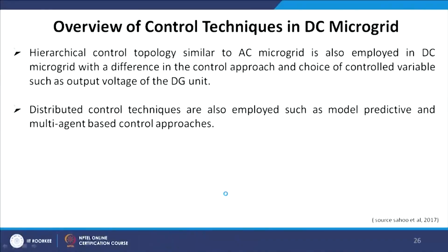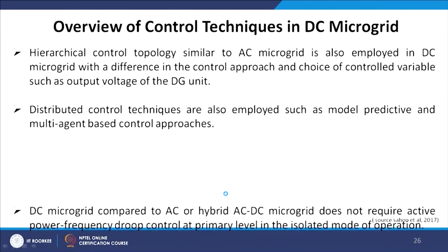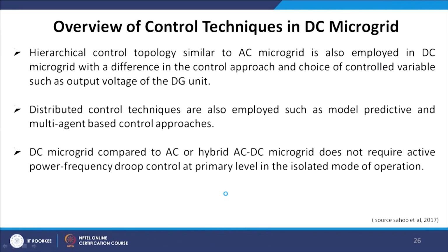Distributed control techniques are also employed, such as model predictive and multi-agent based control approaches. DC microgrid compared to AC or hybrid AC-DC microgrid does not require active power frequency droop control at the primary level in the isolated mode of operation.